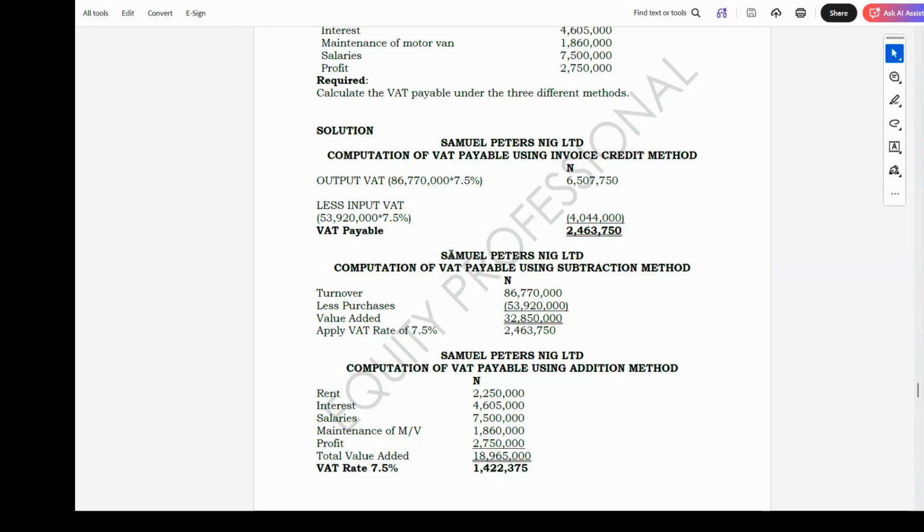You only use them when the examiner specifies that they should be adopted, and they are not going to give you the same answer. Most advanced countries also use the addition method. So those are the three methods of calculating value added tax using different methods of computation.